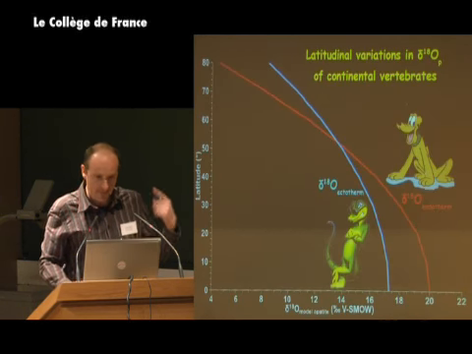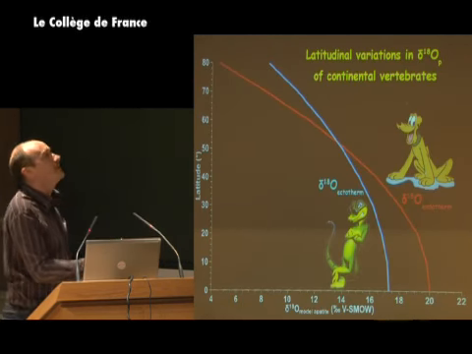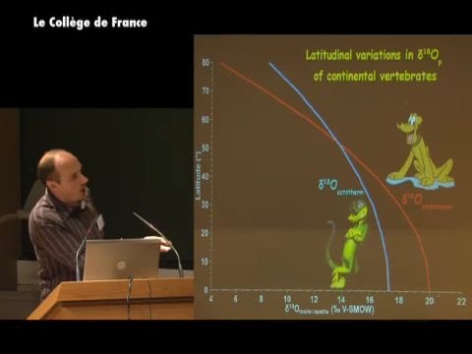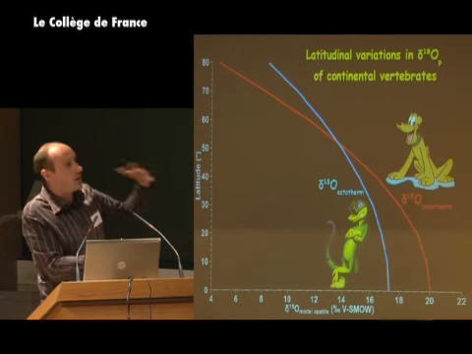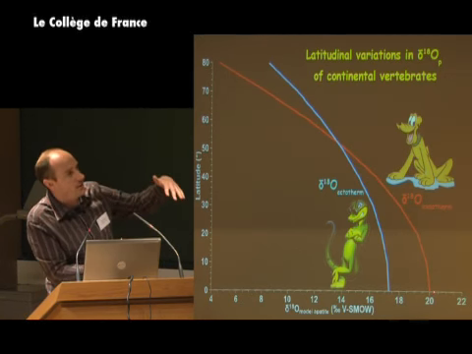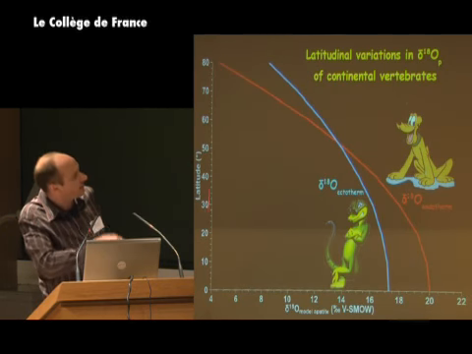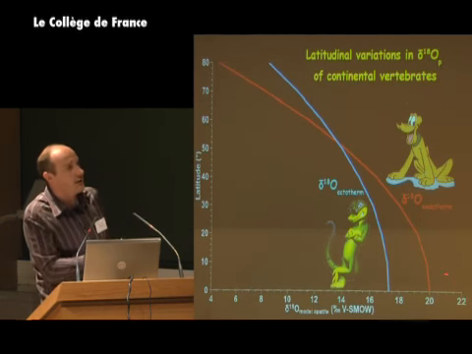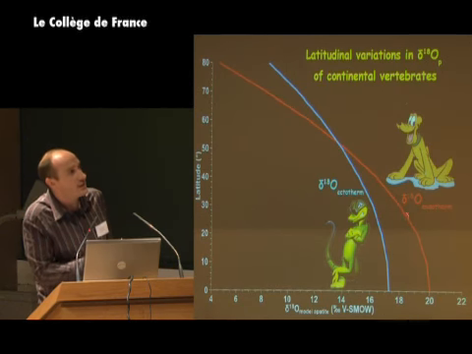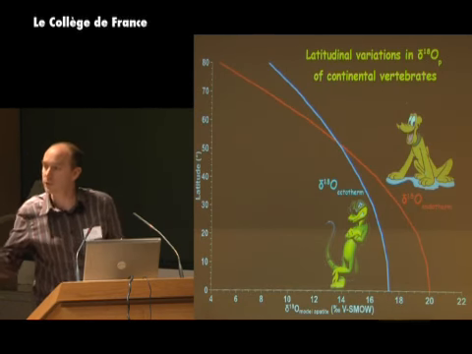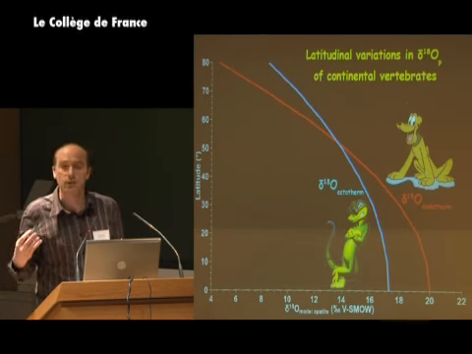And if we build a basic framework, an endothermic animal will have a delta weighting value variation with latitude here, that you have in ordinate, that will just follow the variation of the meteoric water, which is drinking water.